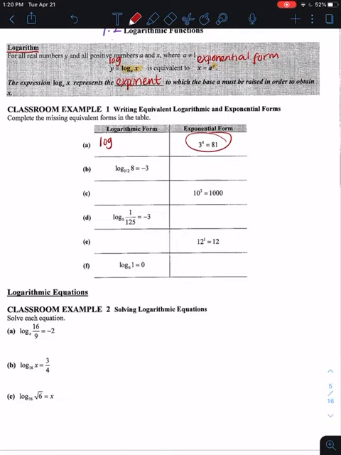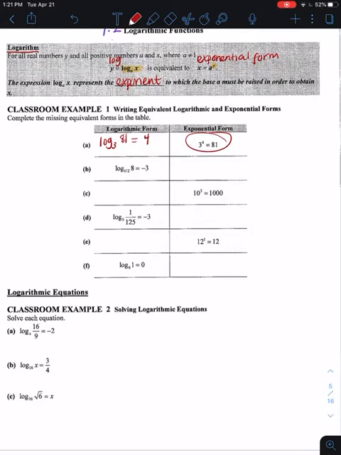So I write the word log. Since the base of the exponent is 3, the base of my log will be 3. Logarithms always equal the exponent. The exponent in exponential form is 4, so the 4 goes here. The other number that we haven't used goes beside the word log. So that's the log form of that exponential form.